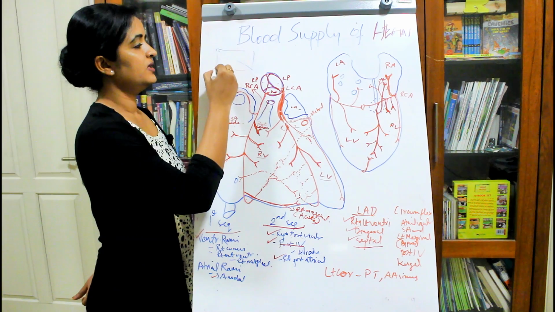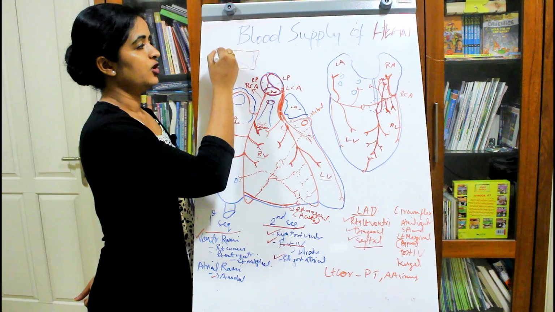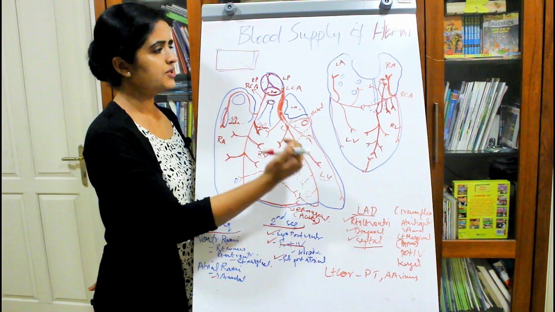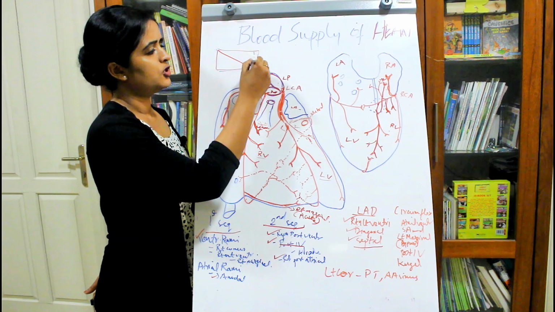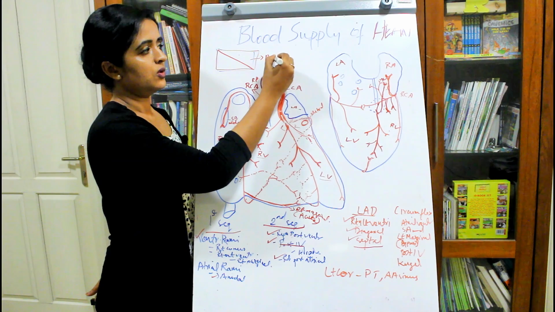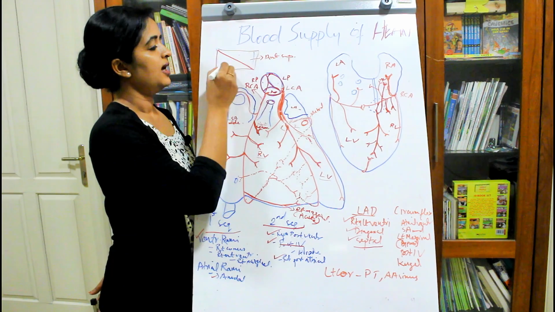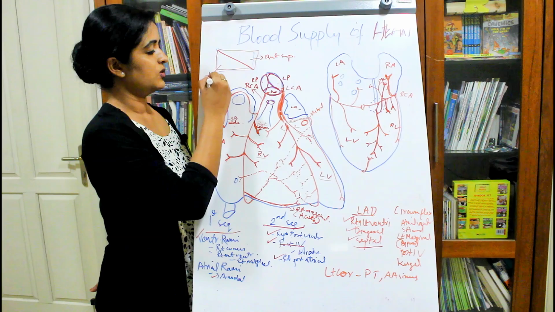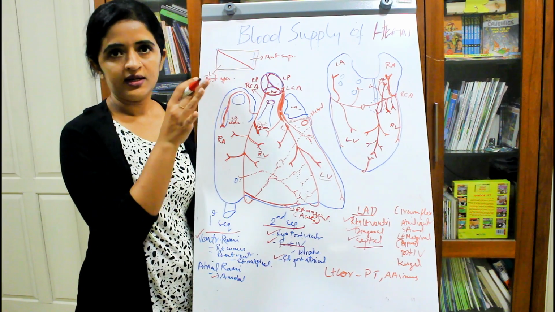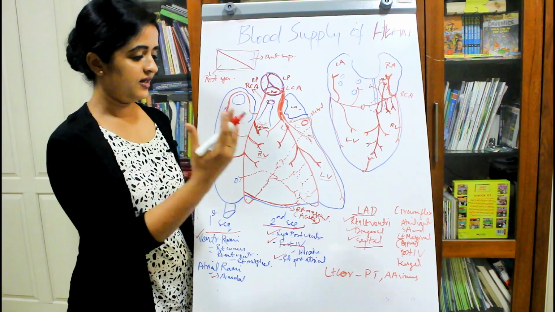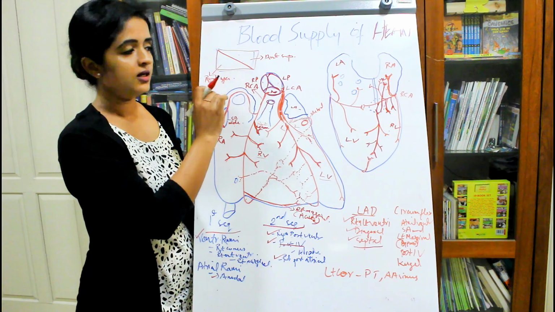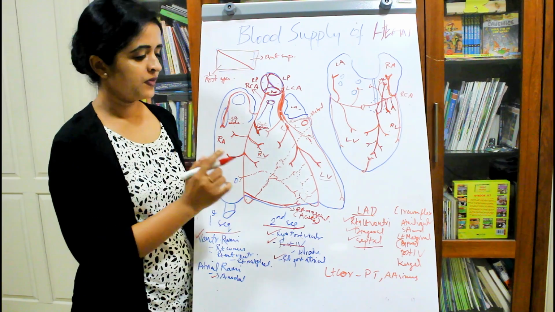If you consider this as the interventricular septum, lying between the right and left ventricles, you divide it into the antero-superior portion and the postero-inferior portion. This is just a schematic diagram for you to understand.